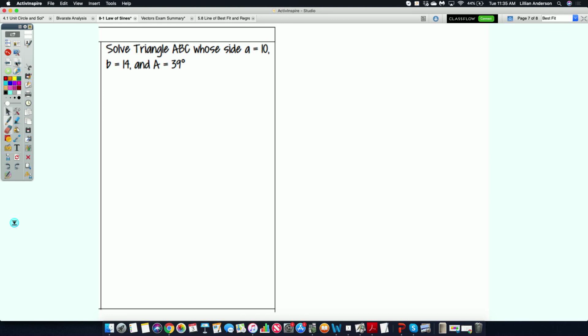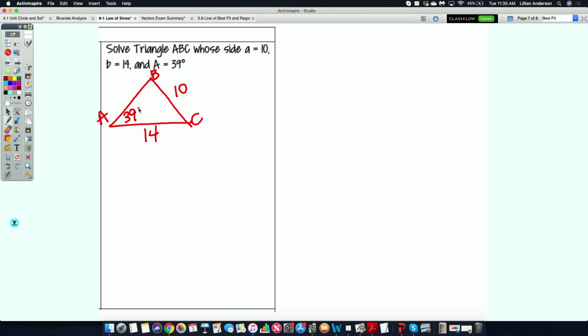So let's take a look at this. It says solve triangle ABC, where side A is 10, side B is 14, and angle A is 39 degrees.